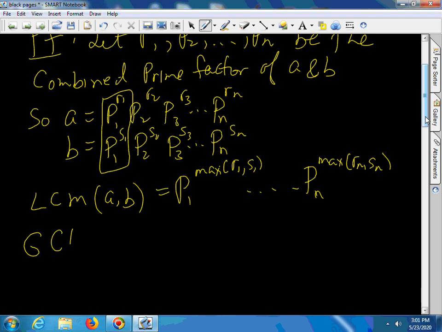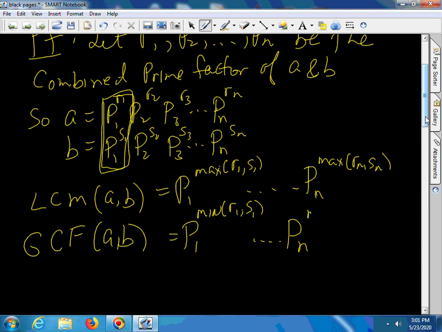Now, for the greatest common factor, it's the reverse. You take the min of the two: the min of R1, S1, all the way down to the min of Rn, Sn. Remember, some of those mins might be 0.